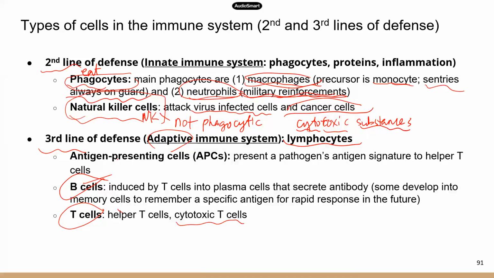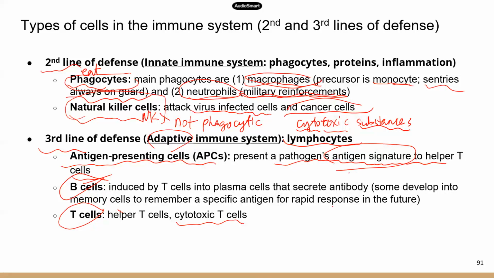Another cell that's mentioned in the TEAS study manual is the antigen-presenting cells. So these APC cells present a pathogen's antigen signature to helper T cells. In order for the immune cells to recognize that a cell is foreign, is pathogenic, it has to be able to recognize the protein pattern, the antigen pattern, or antigen signature on the surface of that cell.